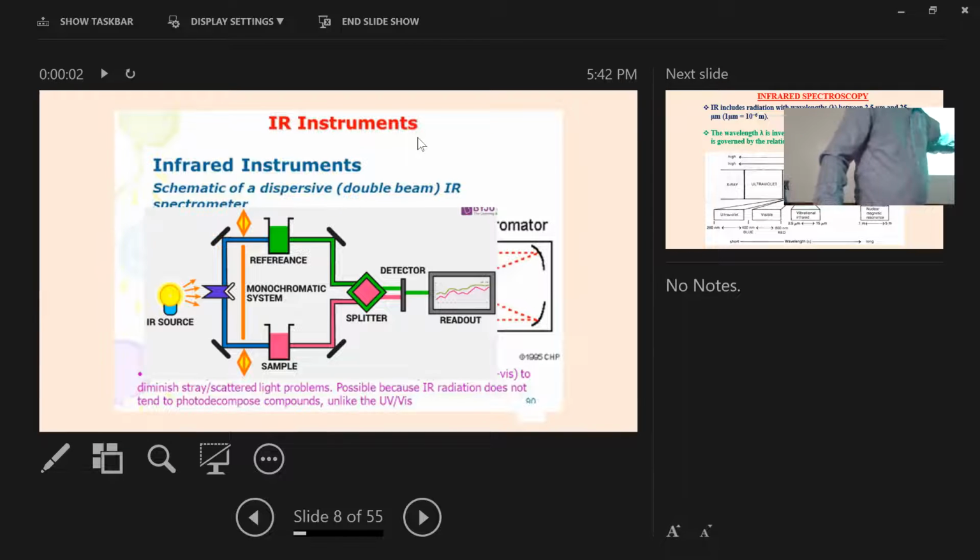So now, if you pass some light, this is our sample, and this is our reference. Last class we mentioned that for reference and sample, we have two different cells. If you have a sample, some molecule like water or something like this, which can absorb the IR light, it depends on what types of vibration.